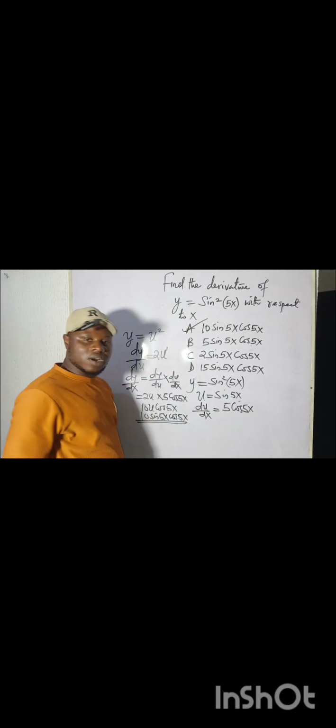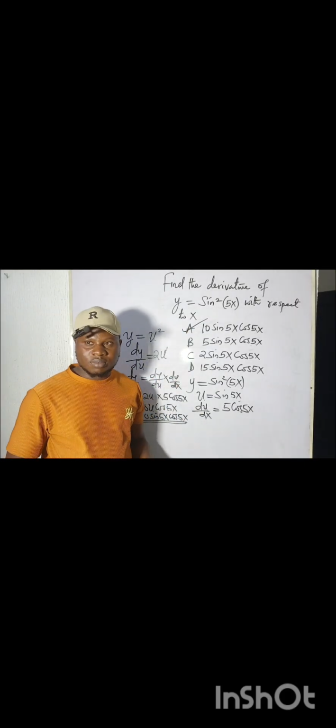Now, what is the shortcut of this problem? Assuming you want to use your shortcut to solve this problem, what are you going to do? Okay, the first thing you are going to do, for the shortcut, is bring this 2 outside, so we have 2, multiplied by, now bring this sine of 5x outside, we have sine of 5x.